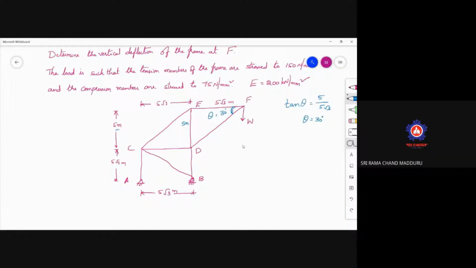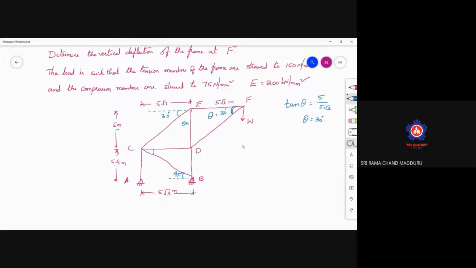Theta is 30 degrees. Whereas coming to here, this is also the same thing. It is also 30 degrees, because 5 by 5 root 3. Whereas coming to here, if you consider this one, in this case, this is 5 root 3, this is 5 root 3. So tan 45 is 1. So this angle here is 45 degrees.